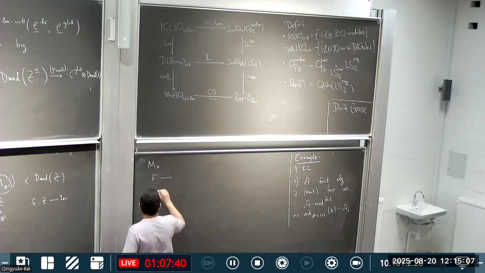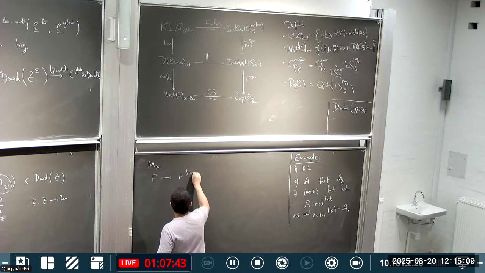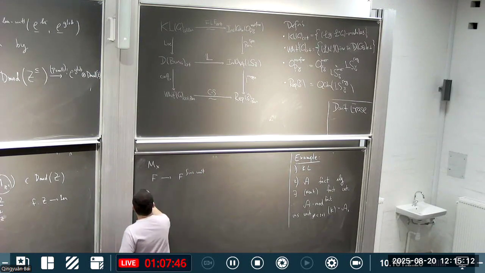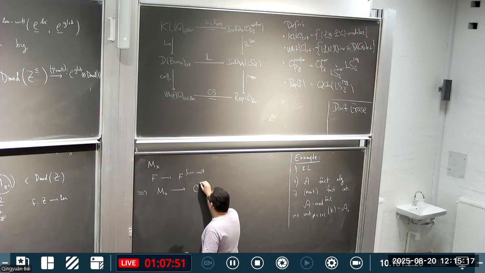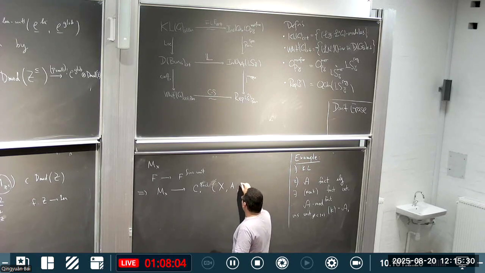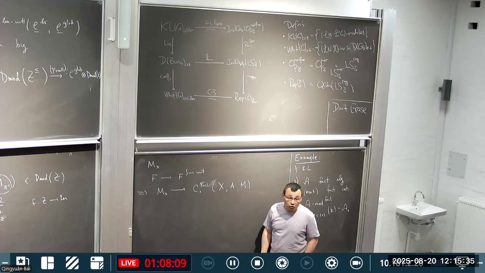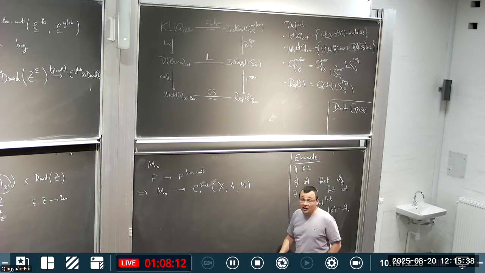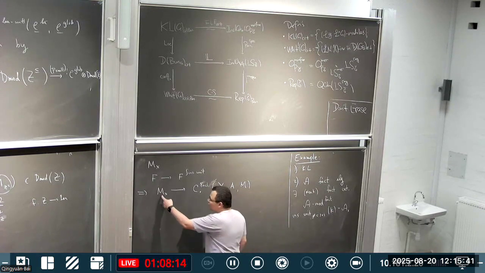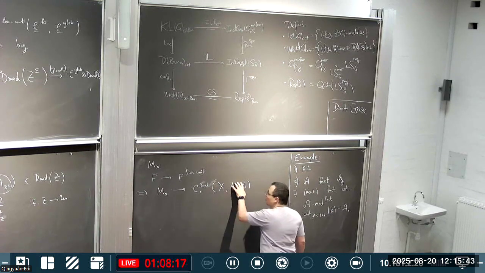So the fact that we have a natural transformation like this means in this case that there's a map of vector spaces from this to the factorization homology. That's what the unit of the adjunction is doing. So this is what you might call correlators. Like, a point in M gives you a point in factorization homology.